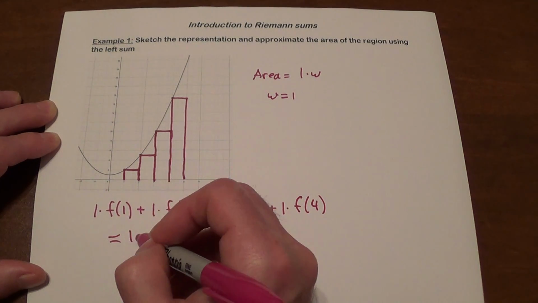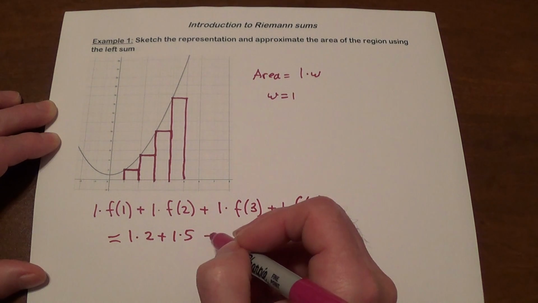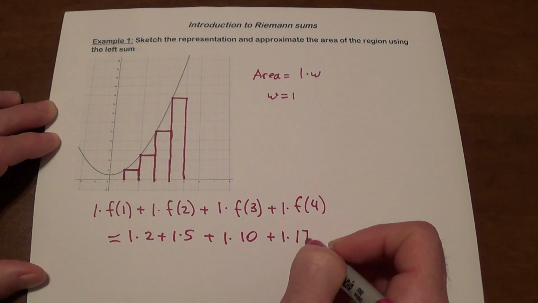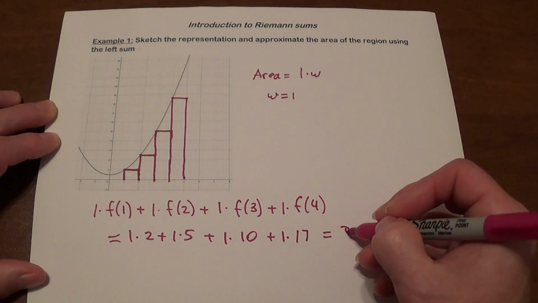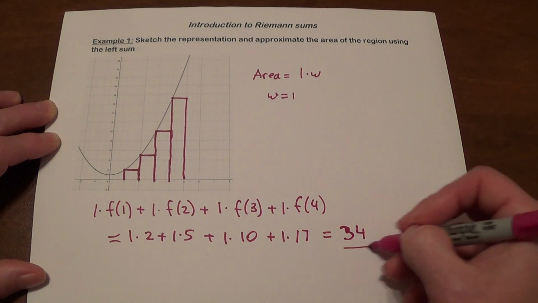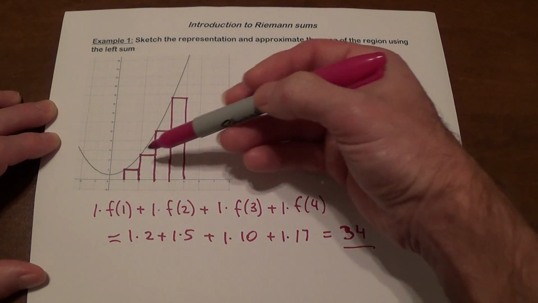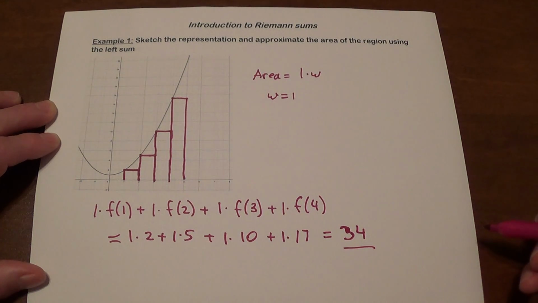So it's going to give us 1 times 2 plus 1 times 5 plus 1 times 10 plus 1 times 17, and all that is going to equal 34. Okay, so that would be an approximation. This clearly is an under-approximation because we have all these gaps, but it is an approximation, and that would be the answer here.